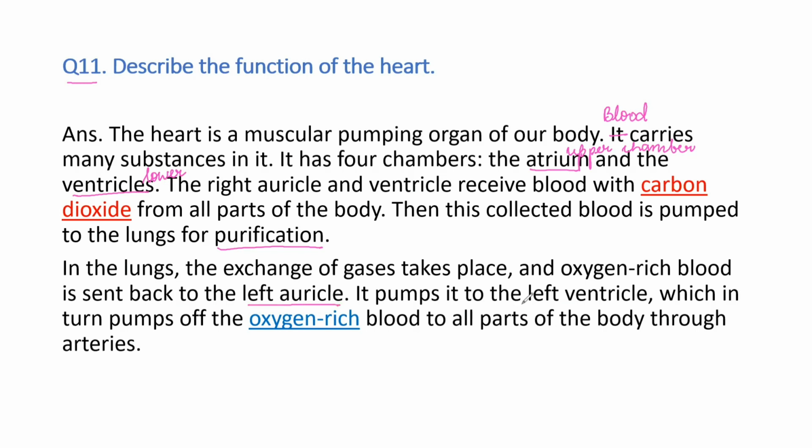This is then pumped to the left ventricle, which pumps this oxygen-rich blood to all the body parts and then supplies this oxygen to all the body parts. So if you have any doubt in understanding the functioning of the heart, you can go through the video that I have already made explaining how the heart functions.